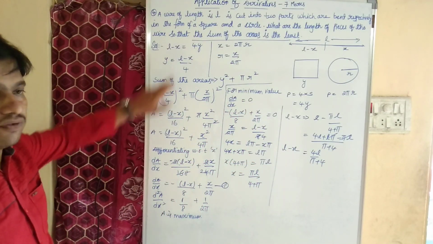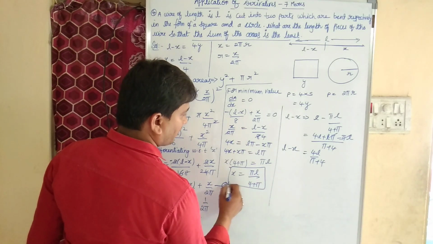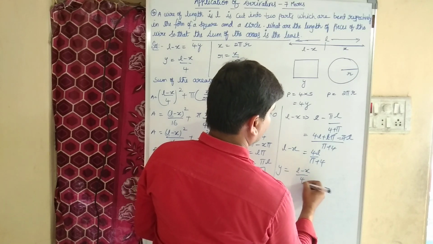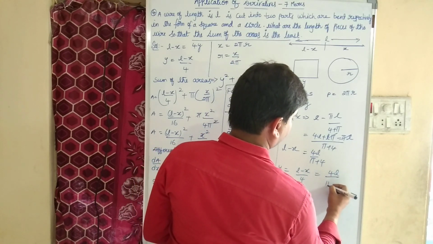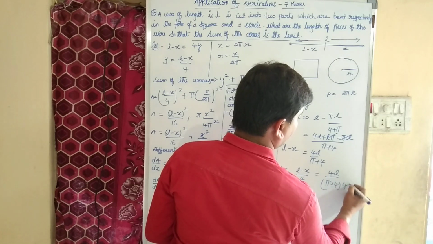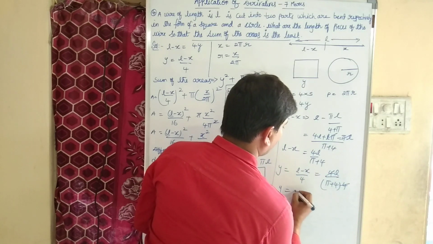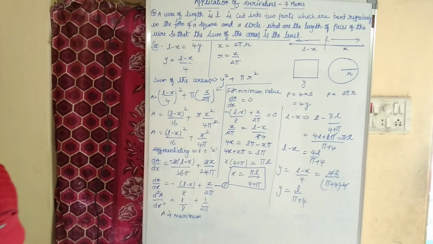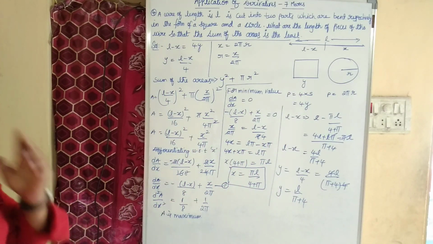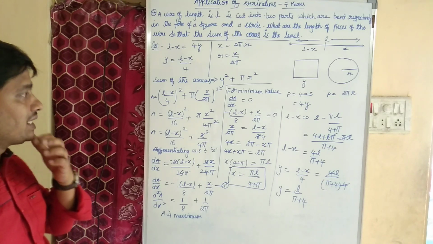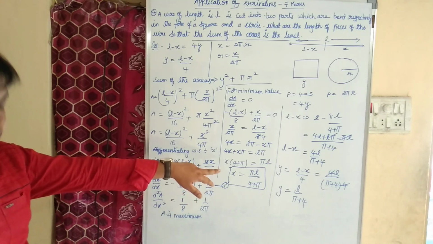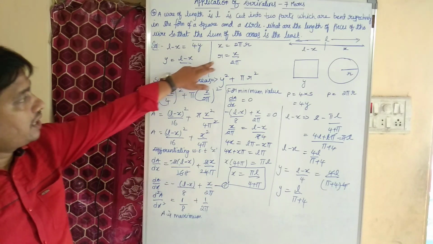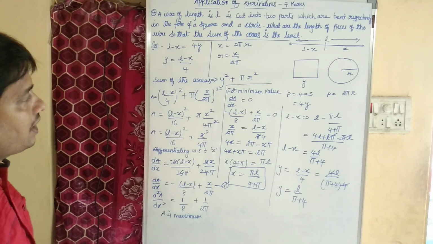Right? Now let us find the value of y. Y is nothing but what? (L minus x) by 4. L minus x means 4L by (pi plus 4), into 1 by 4. 4 gets cancelled. So what is the value of y? The value of y is L by (pi plus 4). So the side of the square is y equal to L by (pi plus 4), and the second one, the radius equal to what? X by 2 pi.